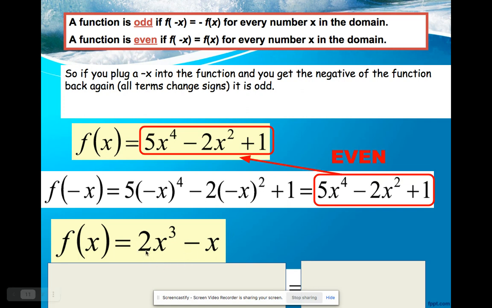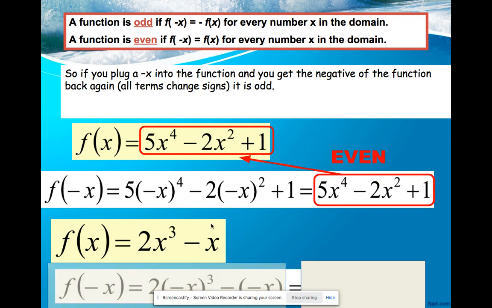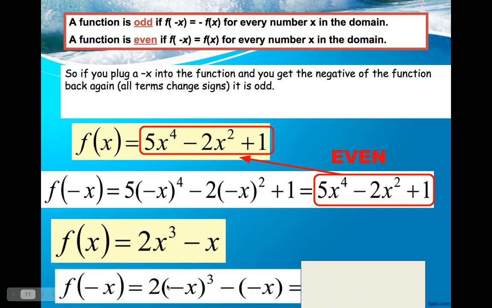Now look at this next example. We have 2x to the third minus x. Again, we're going to change all of our x's to negatives. So now we have 2 times negative x to the third, and negative times negative x. Let's do negative x times negative x times negative x. Well, we're going to end up having a negative 2x to the third. And then if we do negative times a negative x, that's going to become a positive x.